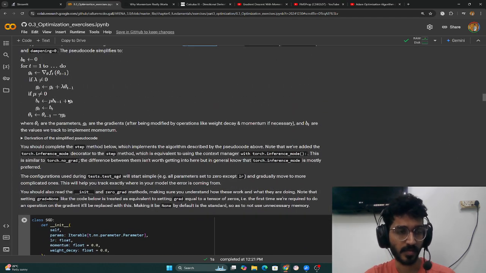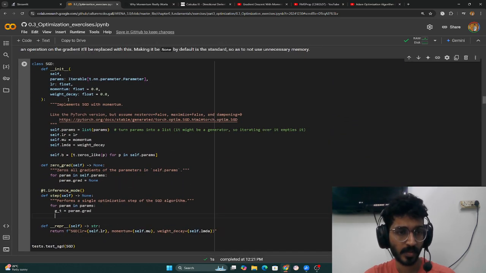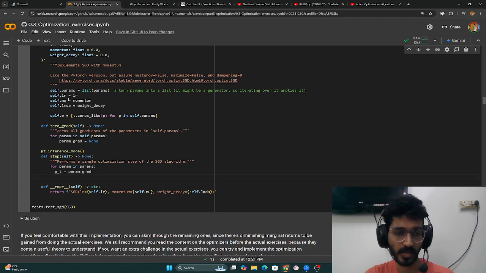And then we have lambda is weight decay.